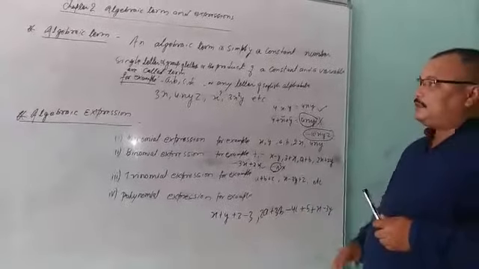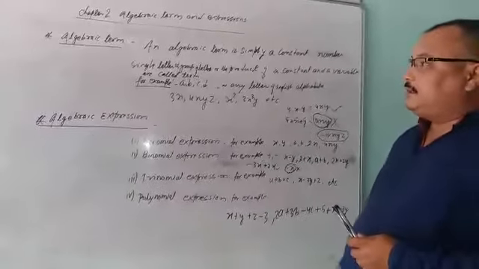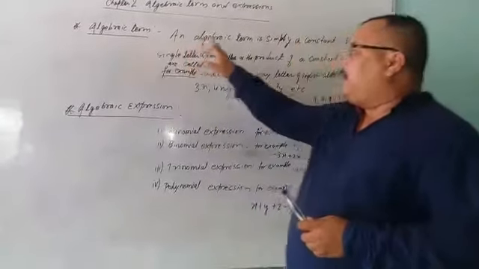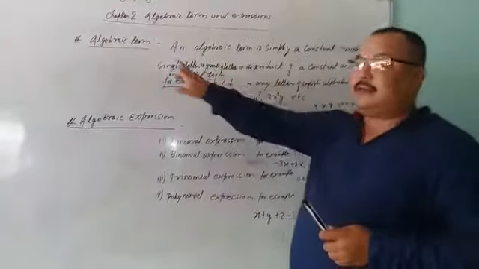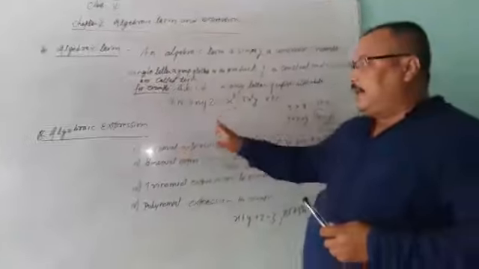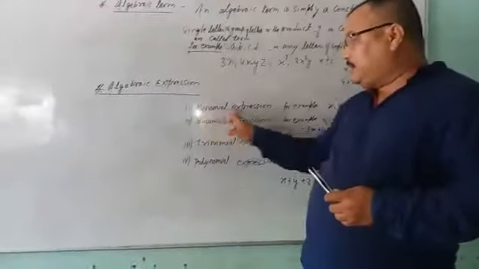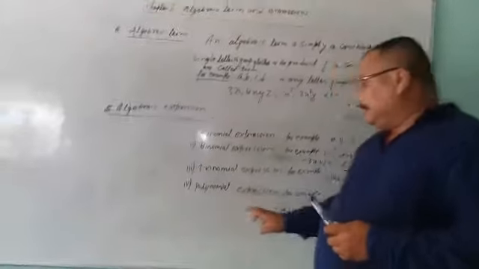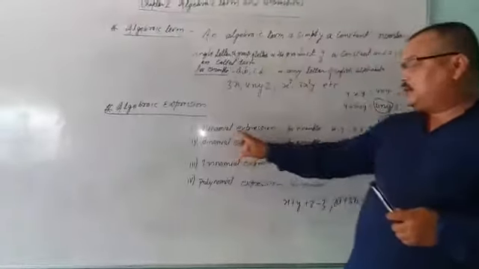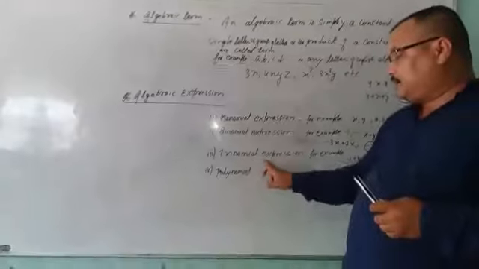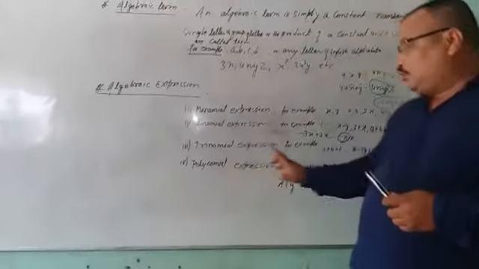So my dear students, today we learned algebraic terms, and what do you mean by terms? You know very well. In algebraic expressions there are four types of expressions: the monomial expression, binomial expression, trinomial expression and polynomial expression.